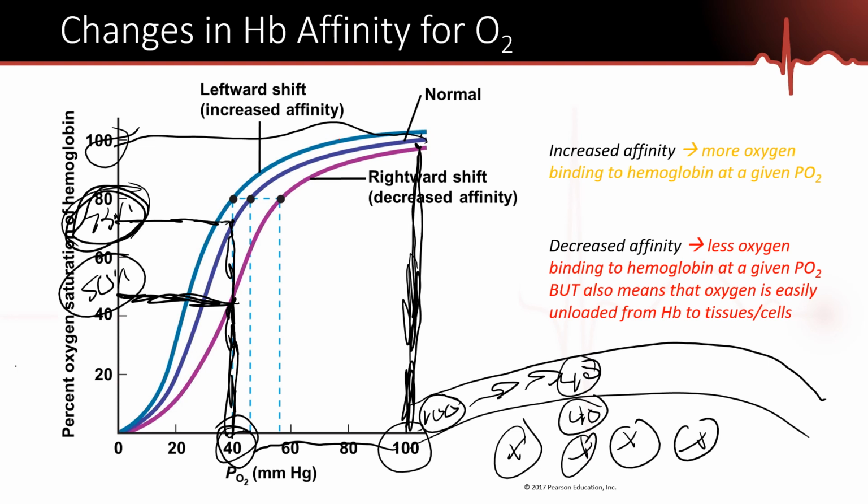Another way of saying this is when you're hot and acidic, hemoglobin unloads way more oxygen into the cells or tissues of your body.